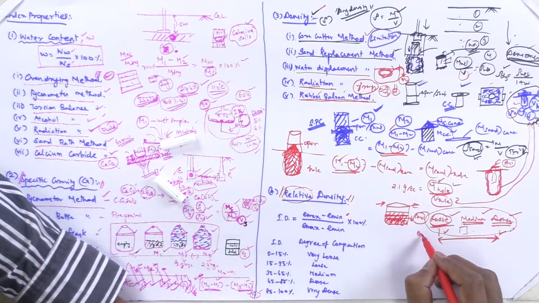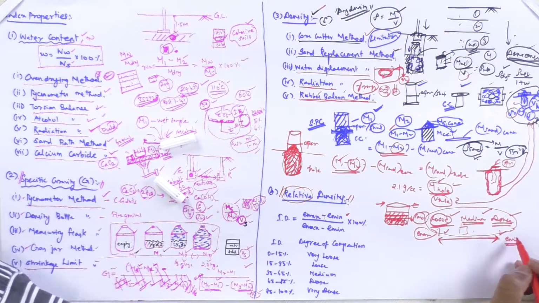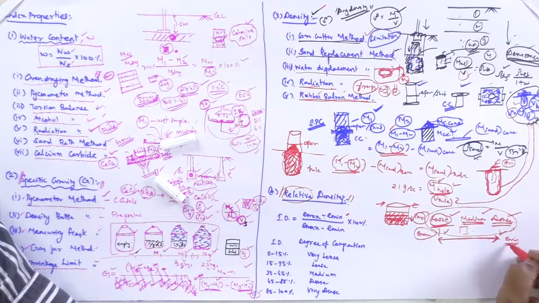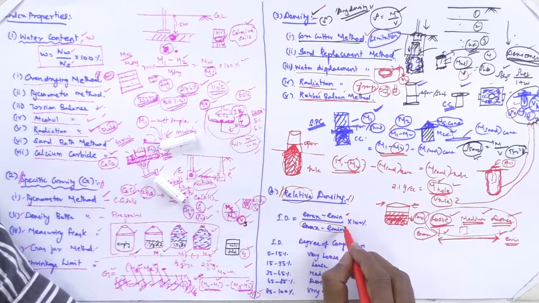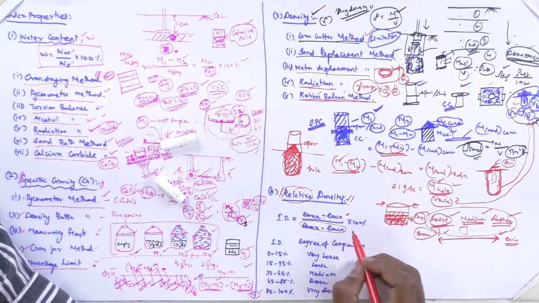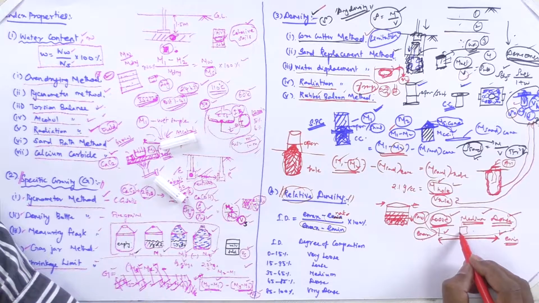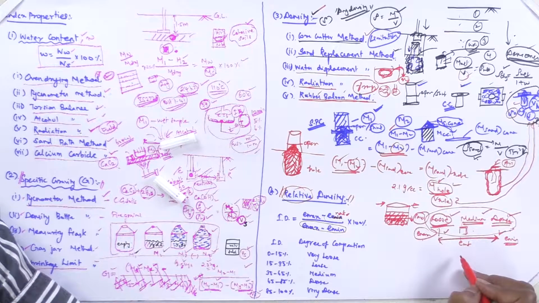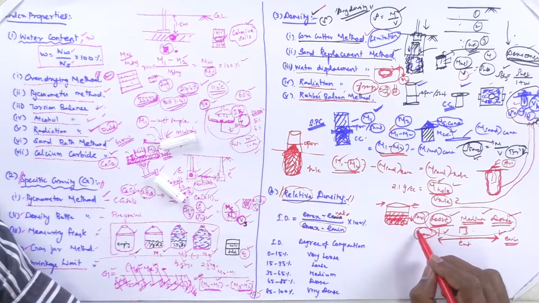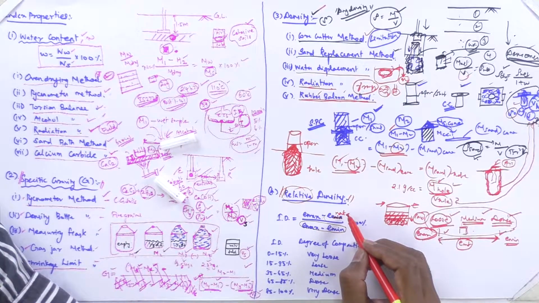So e max represents the loosest state, e minimum represents the dense state, because it is in void ratio, so voids are very little in dense state, so it is the e minimum value and e max value. So e max minus e minimum will give you the range, and that range is the denominator. In the numerator, e max minus e natural, say this is the present state, e natural. So e max minus e natural, you will be getting some value.